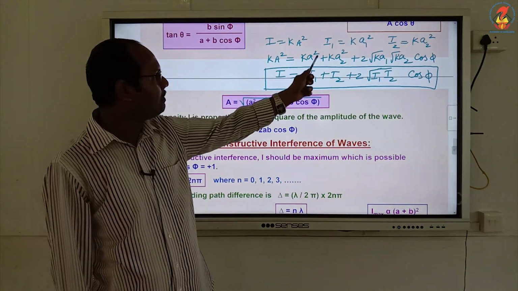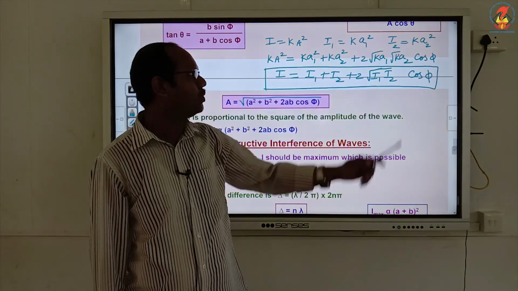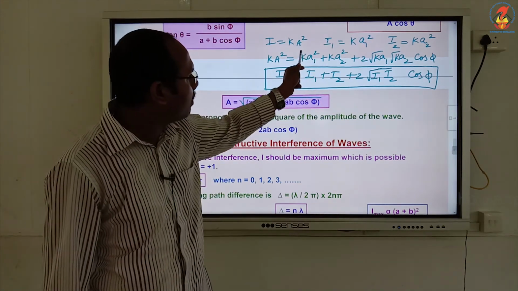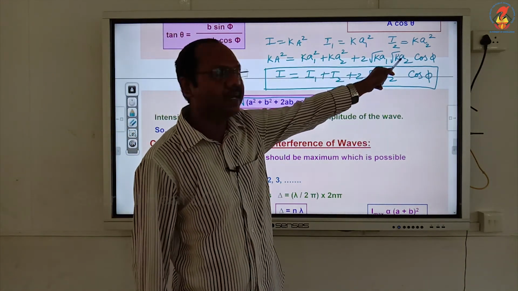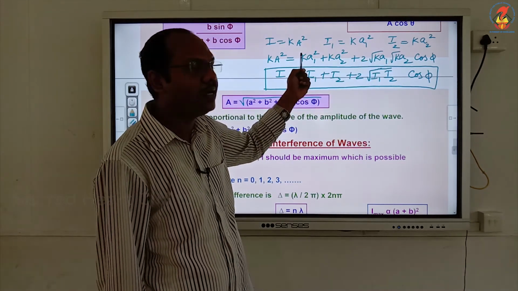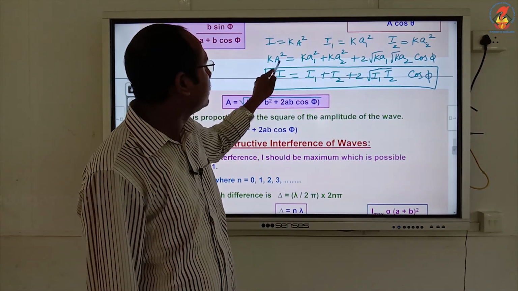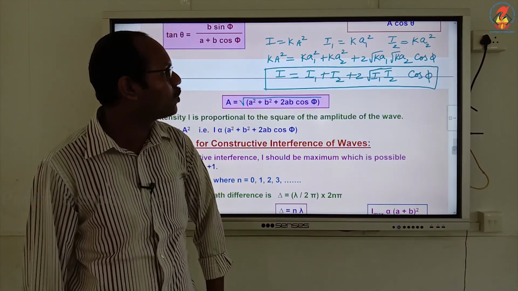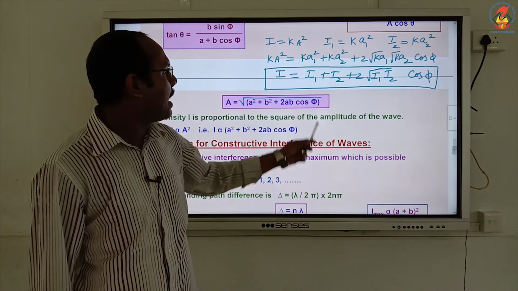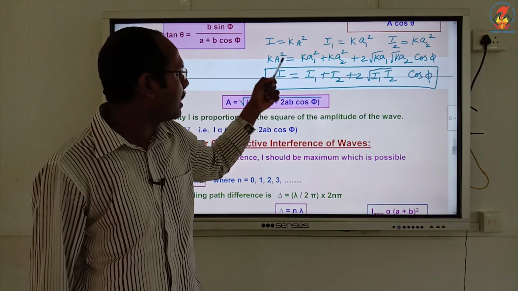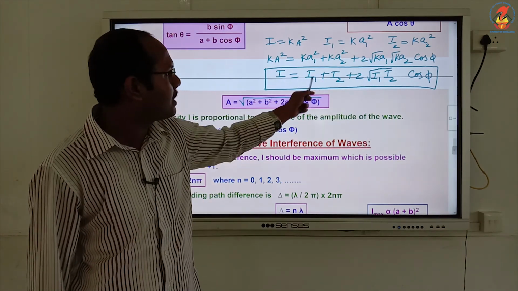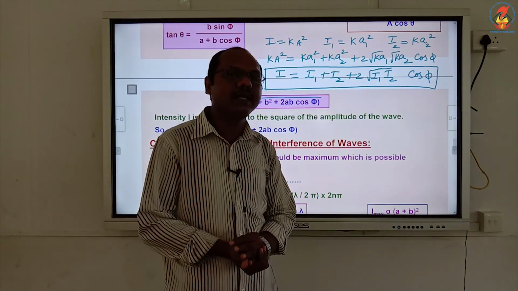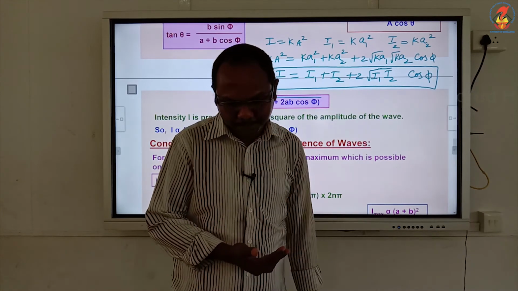Therefore, I will get k a1 square plus k a2 square plus 2 root k a1 root k a2 cos phi, and here k is there. So I take k common, cancel with this k. Therefore, I will get a square is equal to a1 square plus a2 square plus 2 root a1 a2 cos phi, and that is intensity. So a square is I, right? So I is equal to I1 plus I2 plus 2 root I1 I2 cos phi. That is how you get the expression for the intensity.